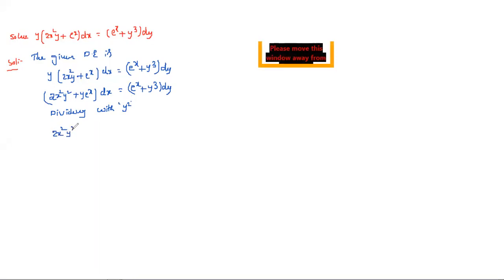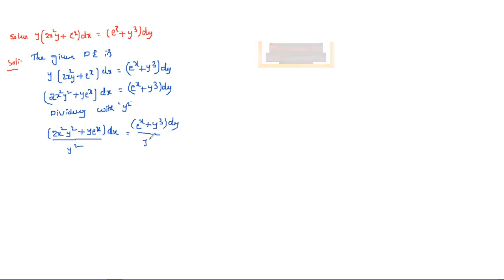(2x² y² + y eˣ) dx by y² is equal to (eˣ + y³) dy by y². Now you can separate the terms.